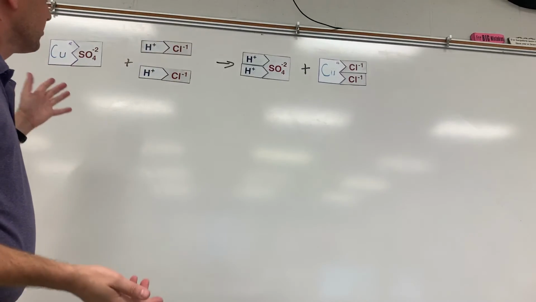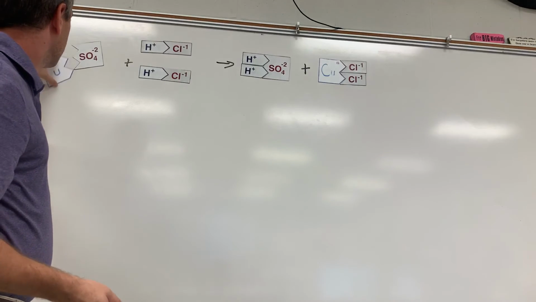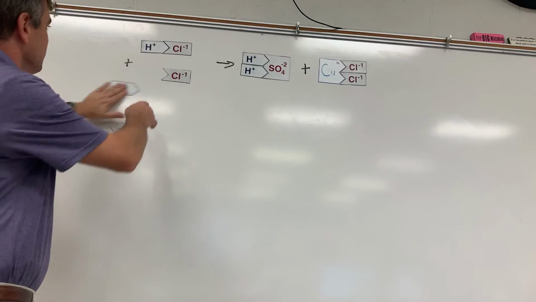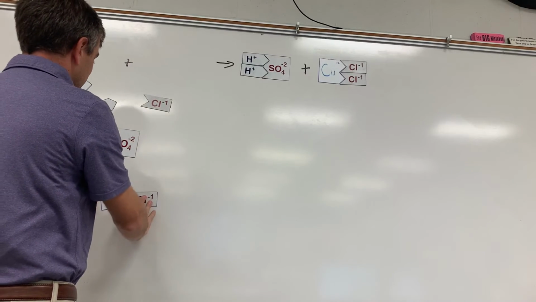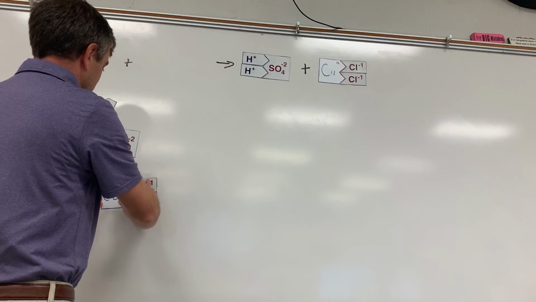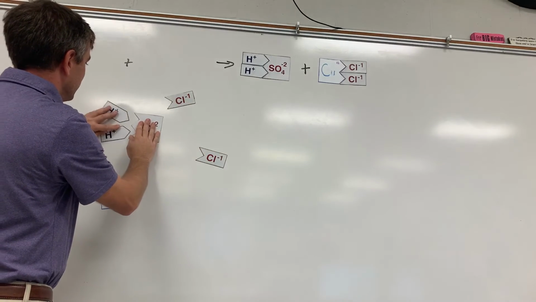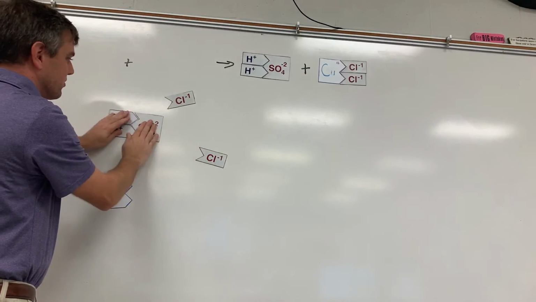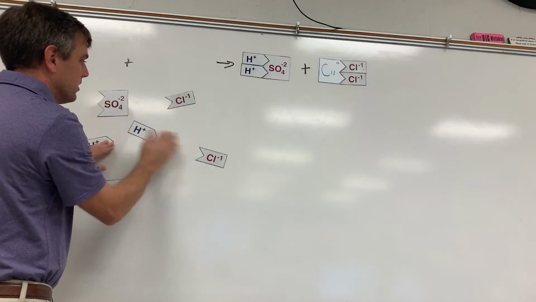In this next reaction, this reaction doesn't actually happen because copper 2 sulfate is soluble, hydrogen chloride is soluble. When the coppers come in contact with the chlorides, copper 2 chloride is still soluble. And when the hydrogens come in contact with the sulfates, hydrogen sulfate is still soluble. So you started with everything dissolved in water.